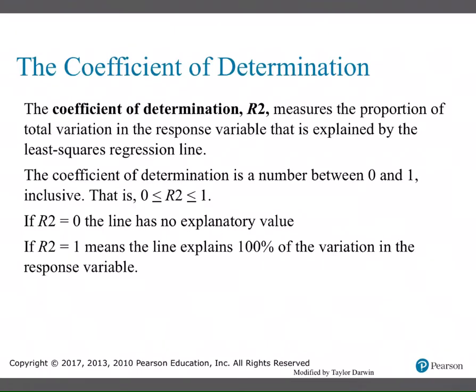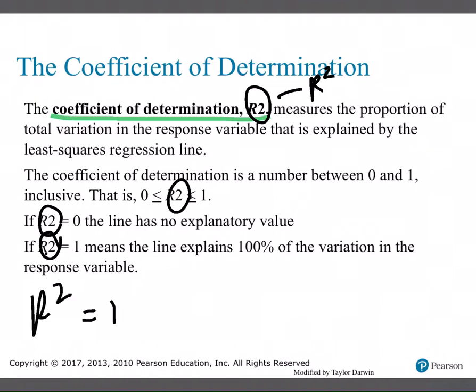Okay, so the coefficient of determination sounds like the correlation coefficient, but it's a little different. I'm not sure what's going on with the formatting of my PowerPoint, but this should be R squared. So all these should be R squared.